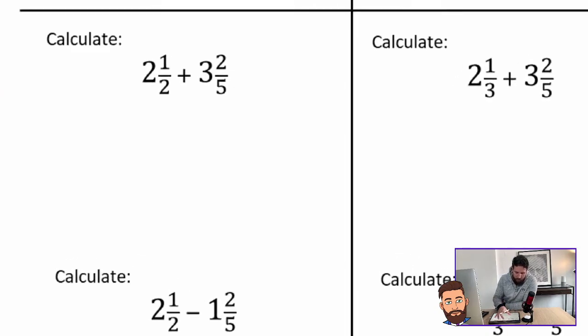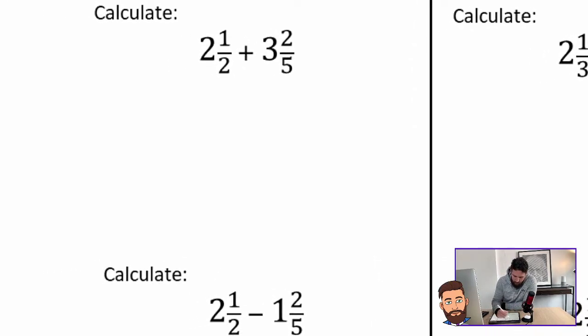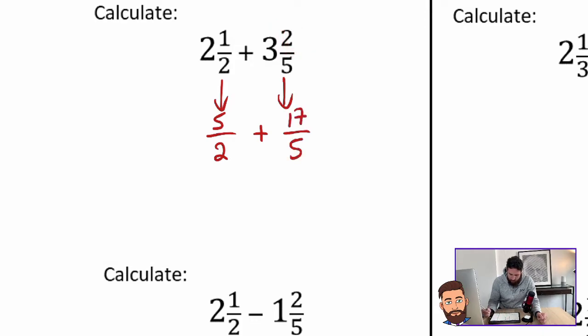If we look at the first one, we're going to change both of these mixed numbers into top heavy fractions. Remember, 2 times 2 is 4, plus 1 is 5 over the original 2. Next one, 5 times 3 is 15. Add the 2 would be 17 over 5.